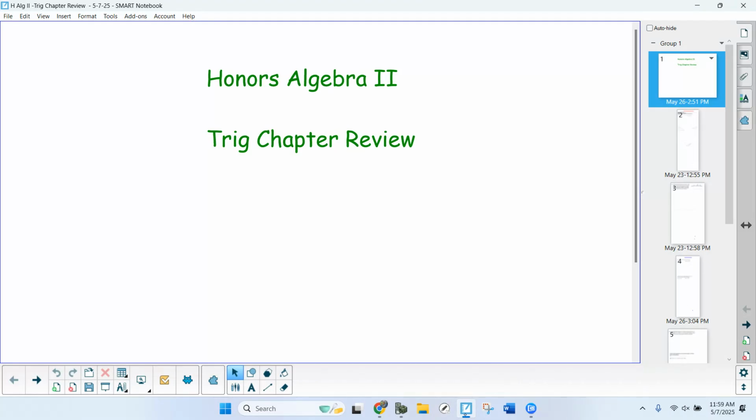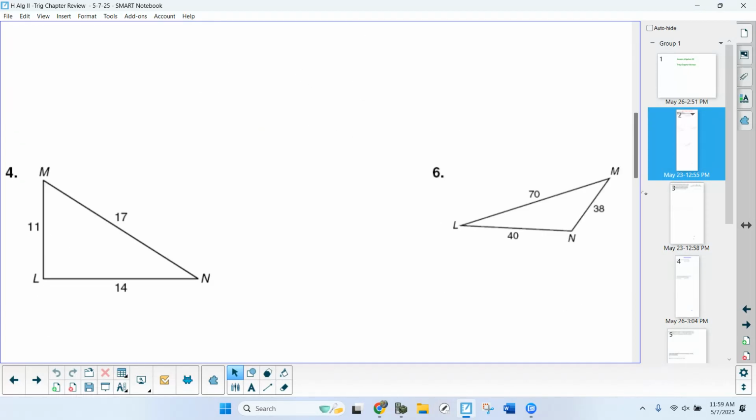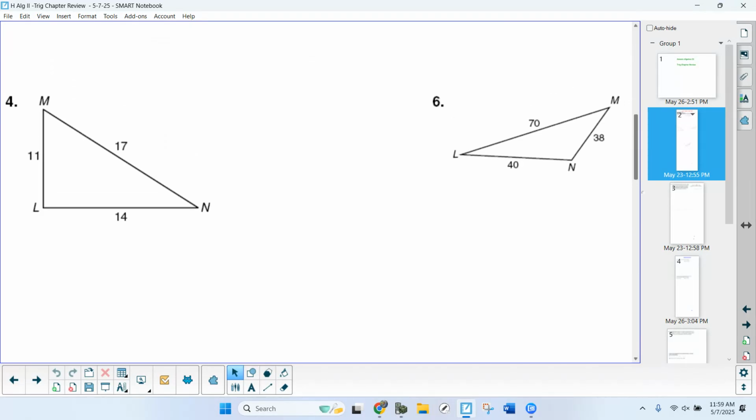All right. I had 2 questions today on the homework. The first one was problem number 6. So let me get to number 6. Okay. So when you have side, side, side, there's 2 ways you can approach this. And I talked about this yesterday.